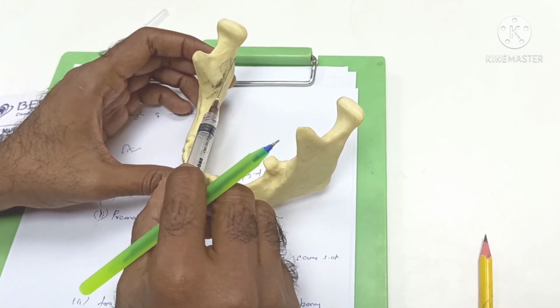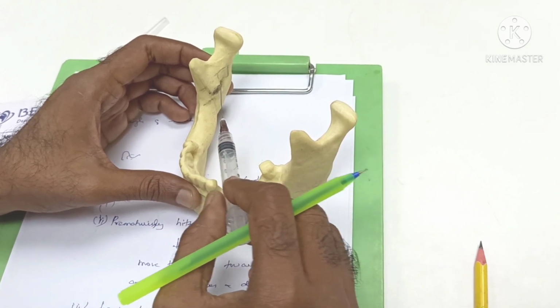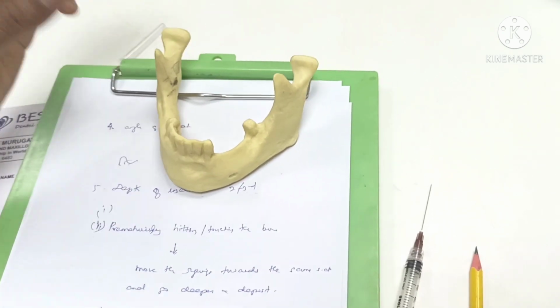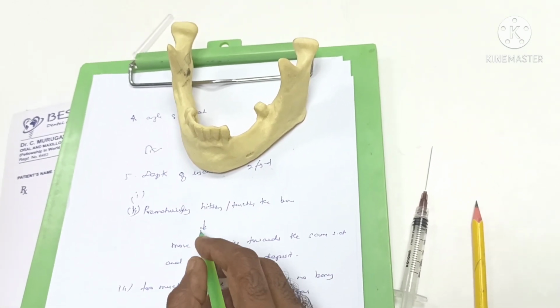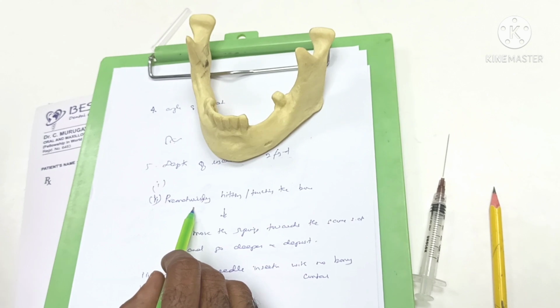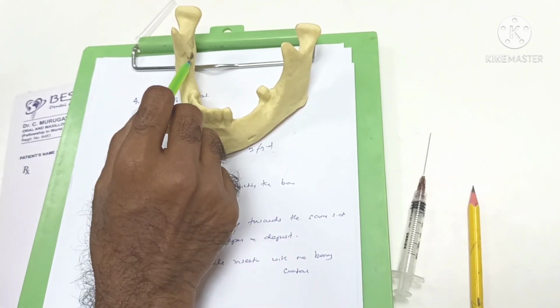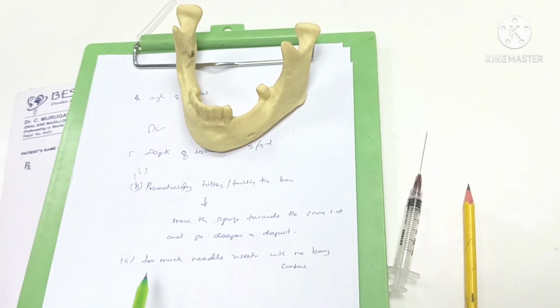At that moment you have to withdraw and move towards the opposite side, then go. So in these two scenarios you have to do the opposite thing. If the needle is touching the bone prematurely, you have to move towards the same side so that you can avoid the ridge and go deeper and deposit.